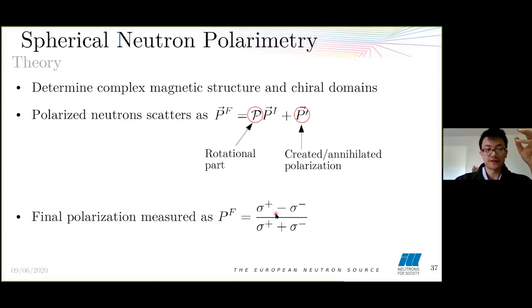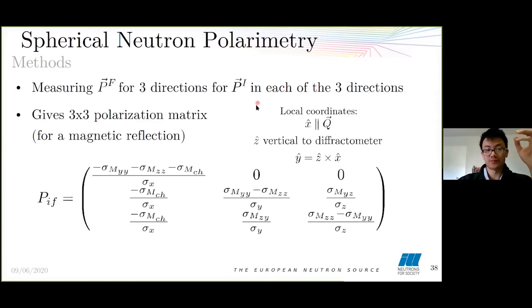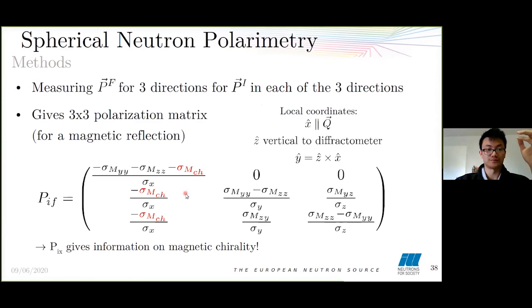And if you do that for the 3 directions of the final polarization and for the 3 directions of the initial polarization, you get a 3 times 3 polarization matrix, which is shown here in the case of a pure magnetic reflection. What is interesting here is the first column, where you can find information about the magnetic chirality in the sample.